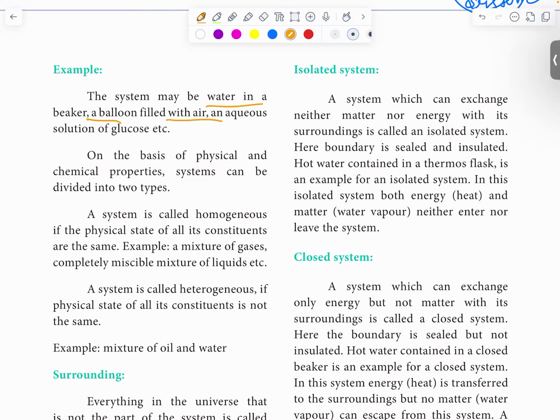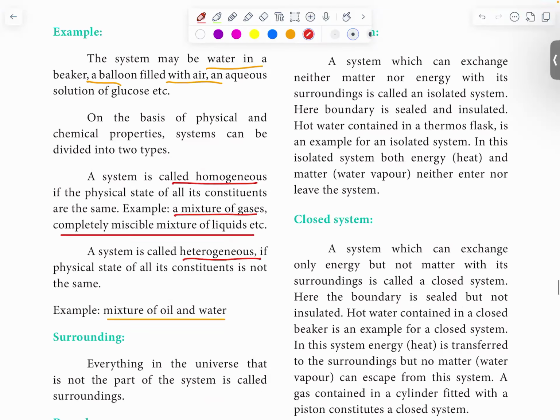A system is called heterogeneous if the physical state of all its constituents is not the same, because some are gases, some are liquids, some are solids. A mixture of oil and water can easily be called a heterogeneous system. But a mixture of gases and completely miscible liquids is called a homogeneous system.